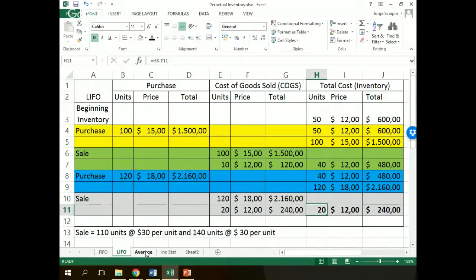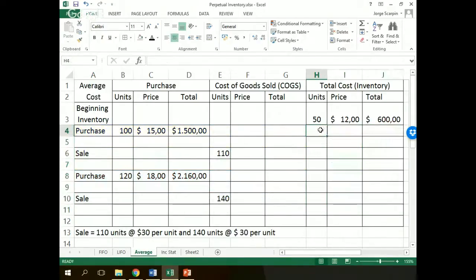And what about the average? The average is the easiest one. We do not have to take care about the first purchase, about the last purchase. We only work with average. So how can we do this? First purchase, 100. So on our total cost inventory, beginning inventory plus first purchase.